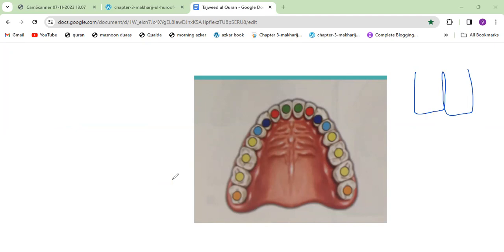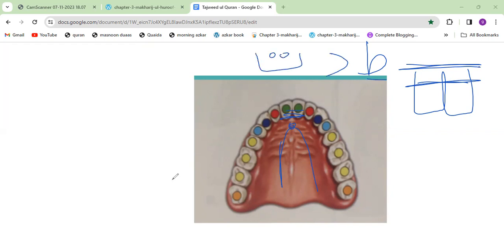You have to use the ra'sul lisan again, the tip of your tongue, and connect it with the roots or the middle of your front two teeth, over here or maybe here, and you pronounce the letter to. Connect the tip of your tongue with the roots or the middle part of your front two teeth. To, dal, ta.